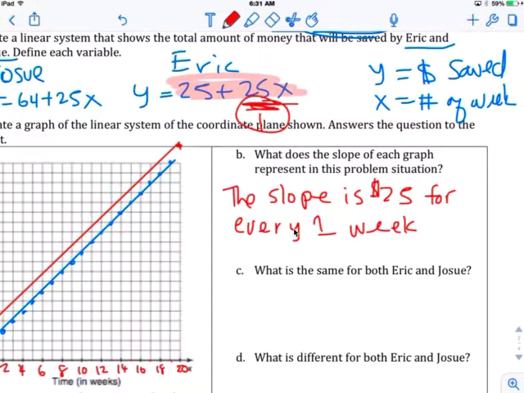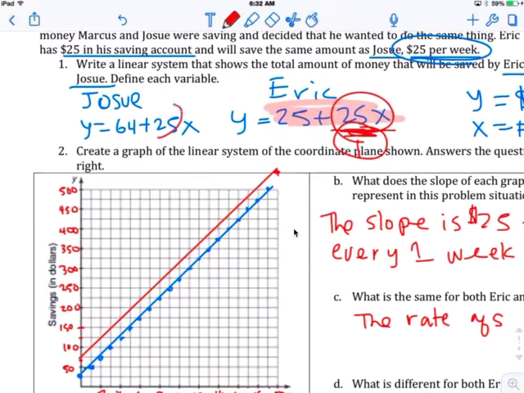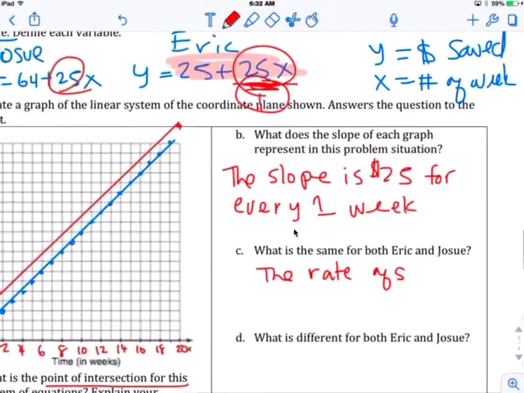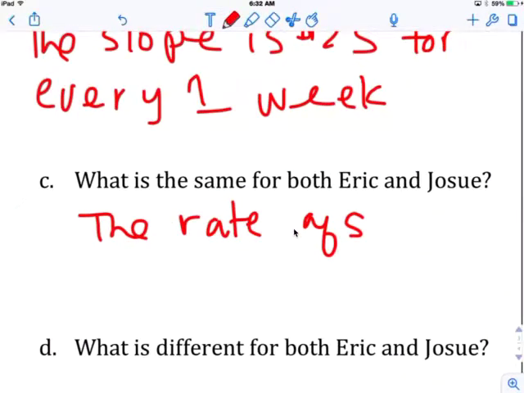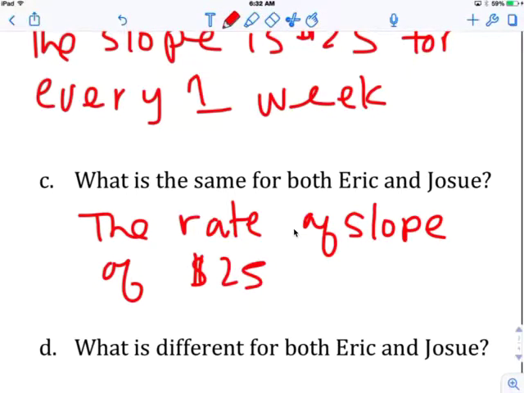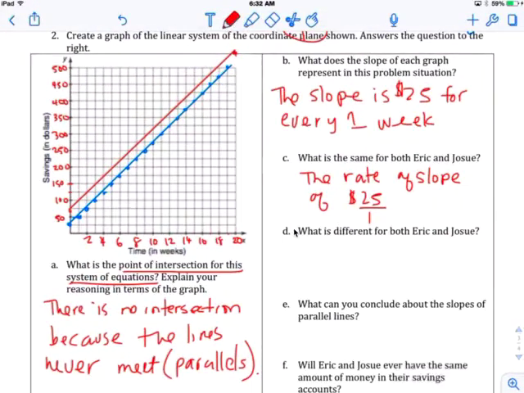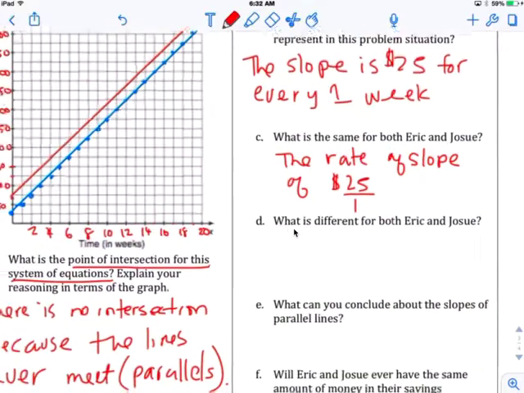What is the same for both Eric and Josue? The rate of change. The rate of change is 25. They're saving at $25 a week. The rate of change, or what we call slope, of $25 per week. What's different for both Eric and Josue?